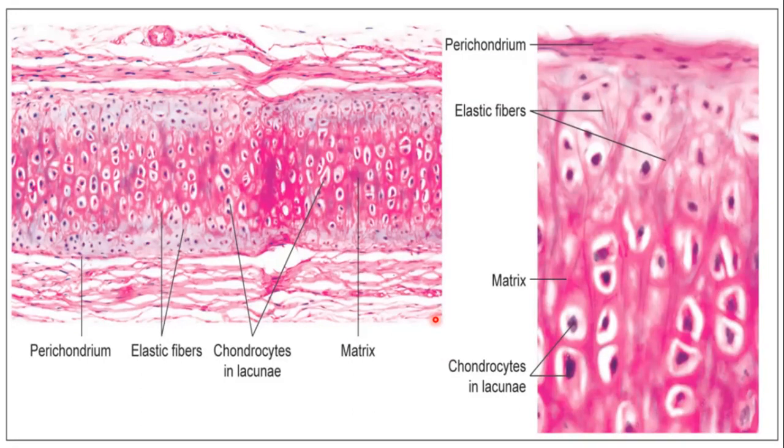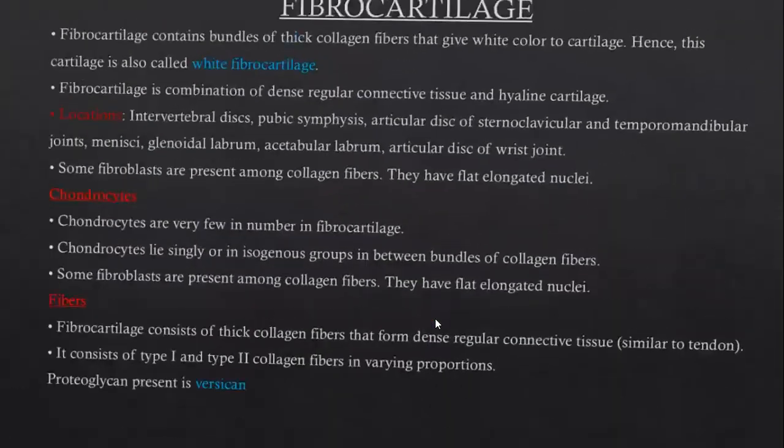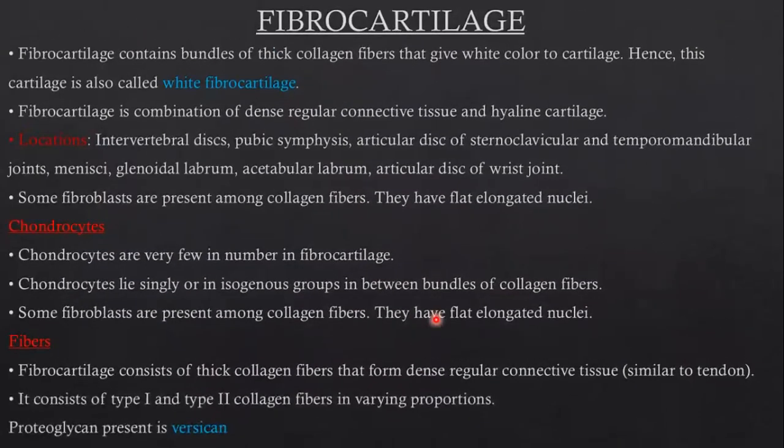Now, fibrocartilage. Fibrocartilage usually contains bundles of thick collagen fibers that give a white color to the cartilage. Hence, it is known as the white fibrocartilage. Now, fibrocartilage is like a combination of dense regular connective tissue and hyaline cartilage.